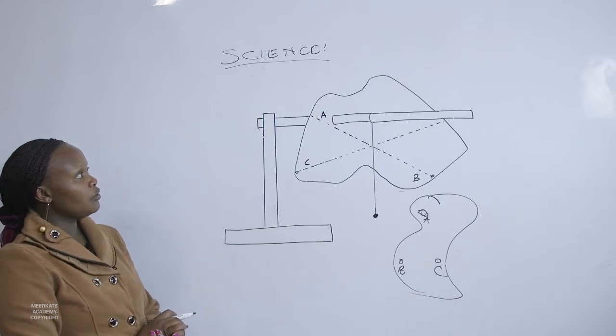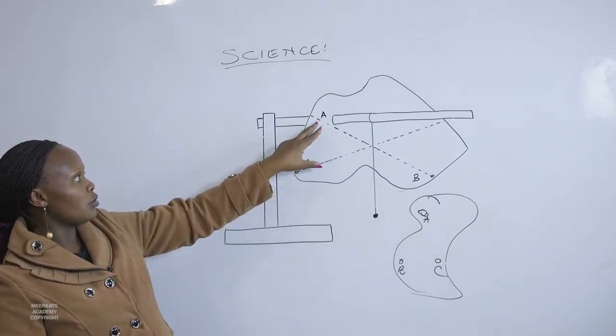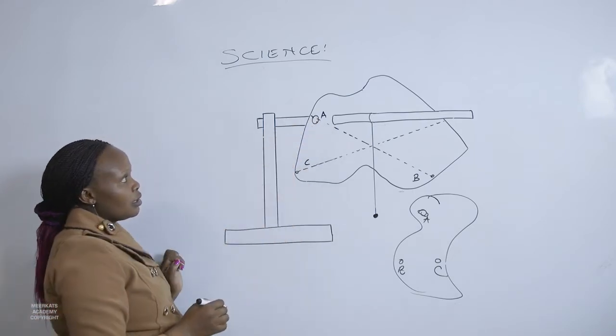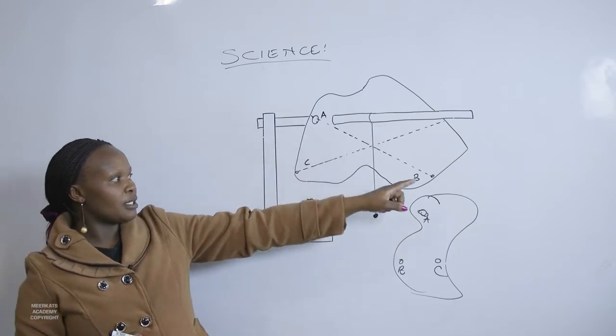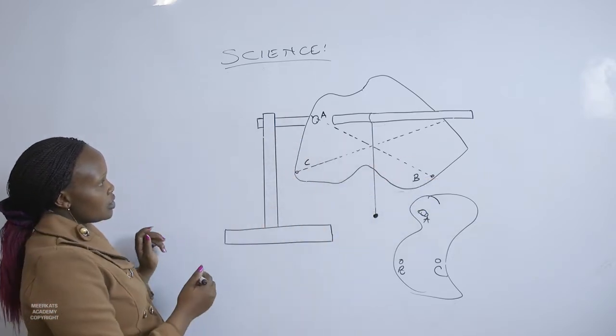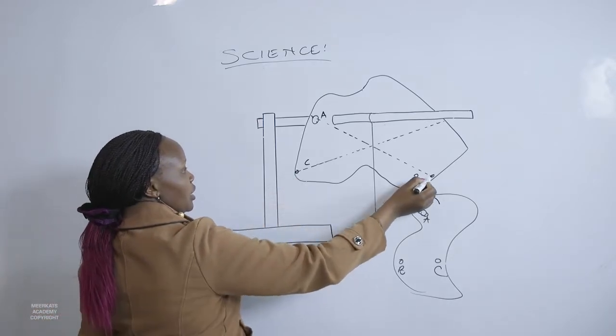Now, for example, if you suspend this irregular object through hole A, the plumb line will draw this particular line. If you use B or C, it will draw different lines.